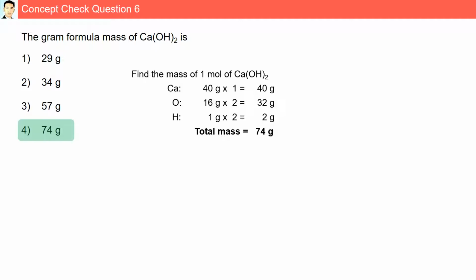Oxygen, 16 grams is the molar mass. There are 2 oxygen atoms present because the subscript 2 outside of the parenthesis of the OH governs both the hydrogen and the oxygen. So, 16 grams multiplied by 2 is equal to 32 grams. For hydrogen, the molar mass is 1 gram. We multiply it by 2. We have 2 grams for a total mass of 74.